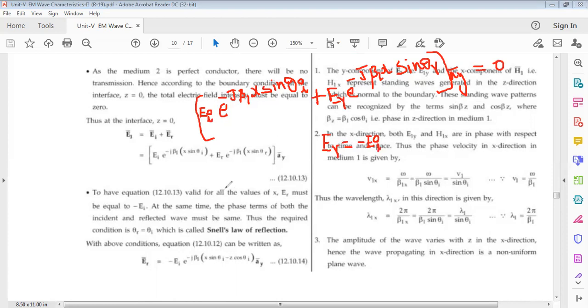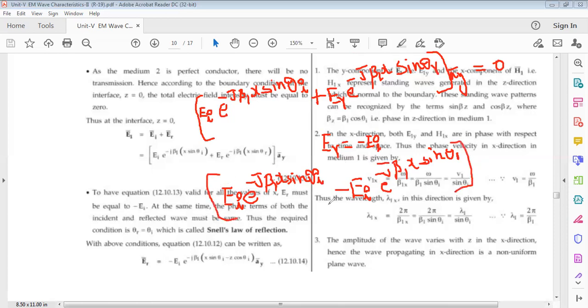Follow me, students. EI into e power minus j beta 1 x sine theta I. Substitute ER is equal to minus EI: e power minus j beta 1 x sine theta r, whole multiplied with AY bar, is equal to 0.